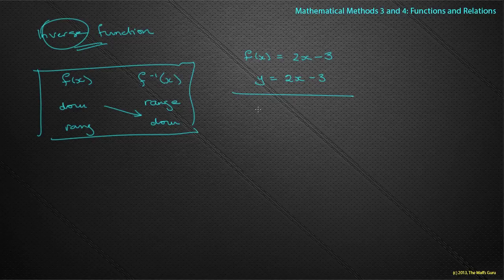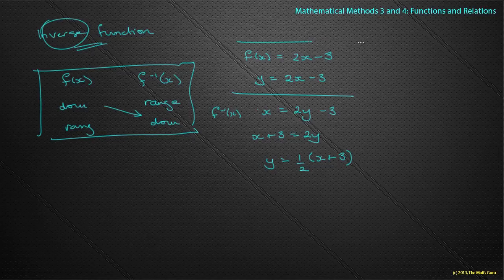So the inverse function, f to the minus 1 of x, will give x equals 2y minus 3. We'll now rearrange that: x plus 3 is 2y, or y is given by a half of x plus 3. You just rearrange it. So if our original function is 2x minus 3, then my inverse function, f to the minus 1 of x, is given by a half of x plus 3.